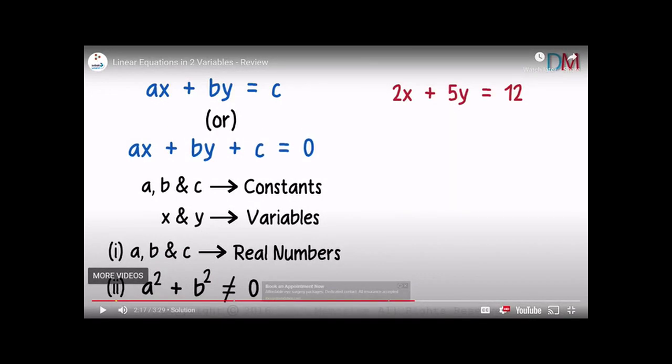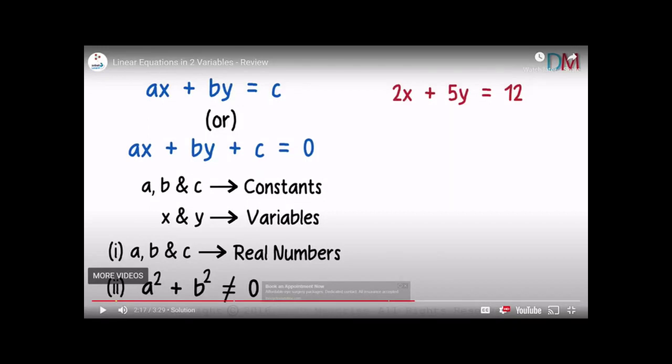Ma'am, both cannot be 0, ma'am. That cannot be an equation if a and b are 0. A squared plus b squared. So what they mean is either a can be 0 or b can be 0, but both cannot be 0. A squared plus b squared.